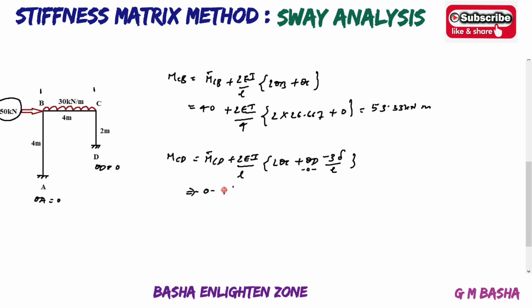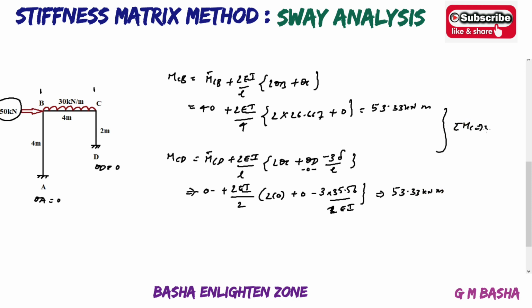And again plus 2EI by length of CD, which will be 2 only. 2 theta C will be 0, theta D also 0 here, minus 3 delta value, 35.56 by L. L will be 2 meters, that is 35.56 by EI. So simplify, you will get the MCD value as 53.33 kilonewton meter. So see here, the sum of the moments at this particular joint, sigma MC, will be equal to 0.